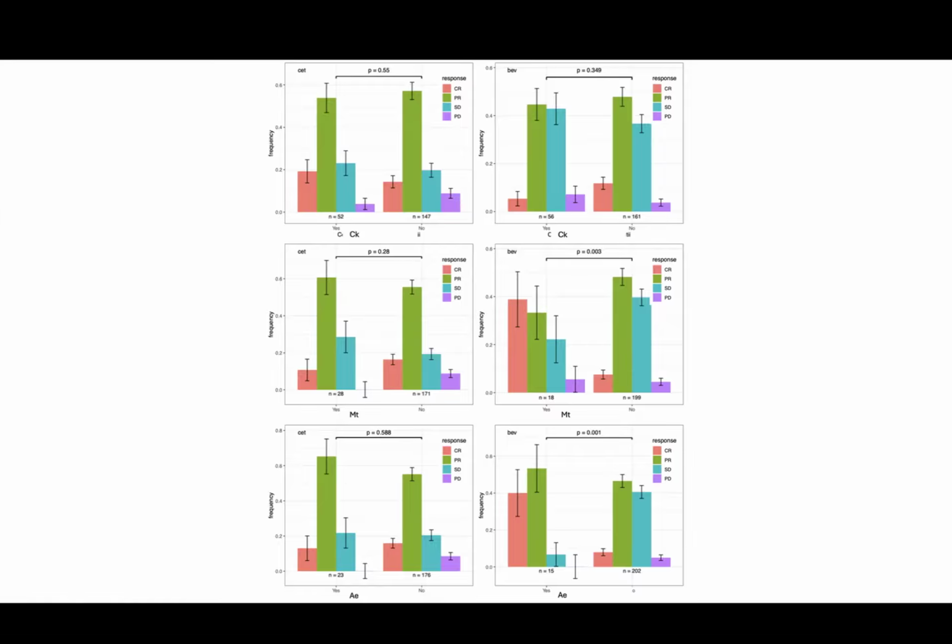So it doesn't necessarily follow, because the response doesn't always correspond with progression-free survival. So this is additional evidence of the efficacy of these microbiota.